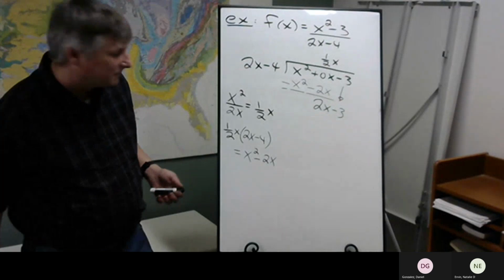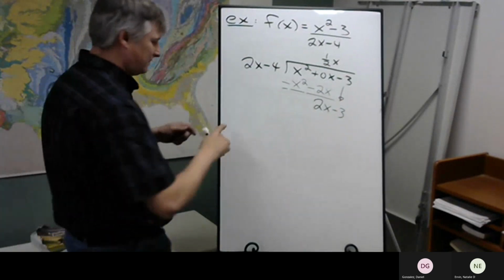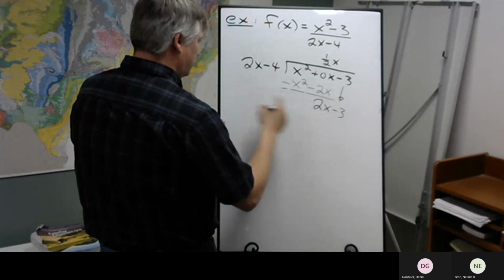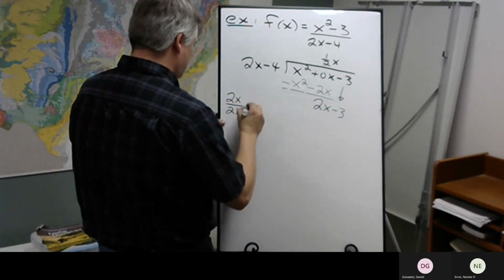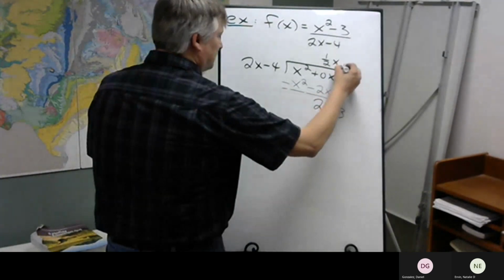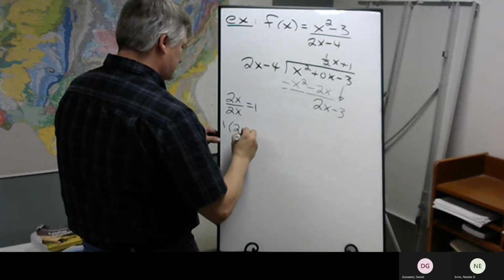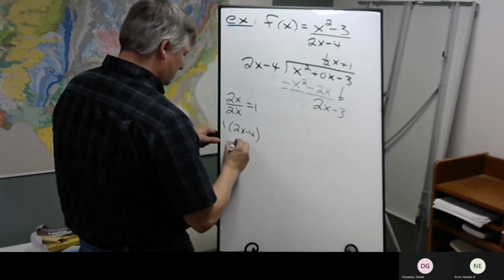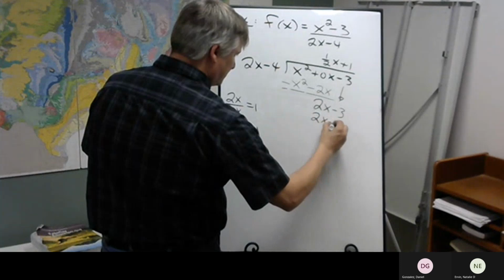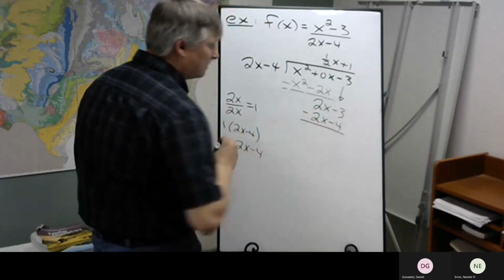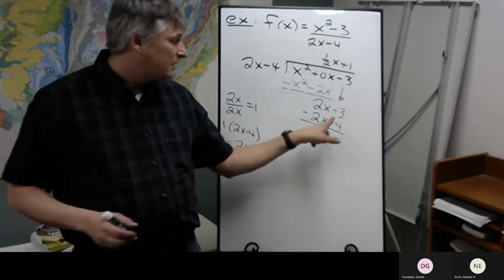So we've got one more cycle. This time we'll divide 2x into 2x. So plus 1. Then 1 times 2x minus 4 is 2x minus 4. We'll subtract. 2x minus 2x is 0.